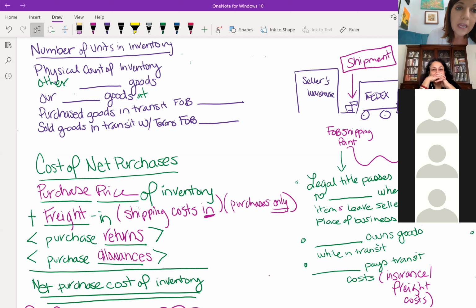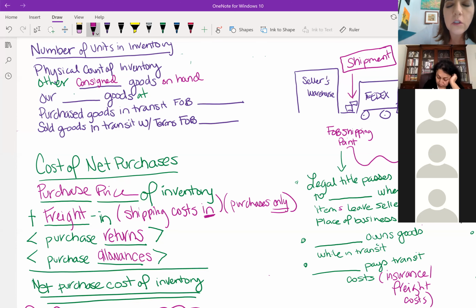So another company's consigned goods on hand at period end, meaning that we had another company's goods sitting in our storeroom, usually available for sale. Those aren't our goods. We don't own title to those goods. It's just a consignment relationship.